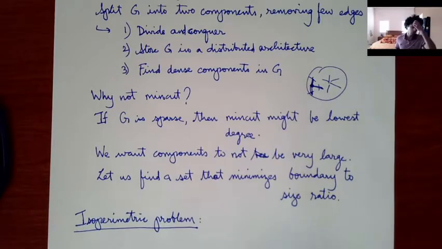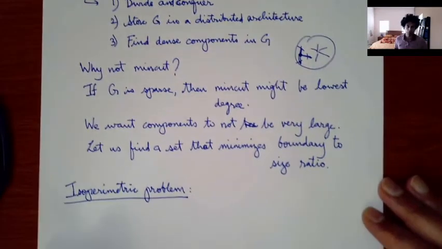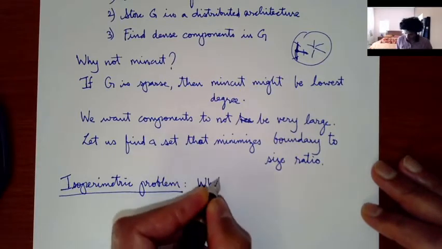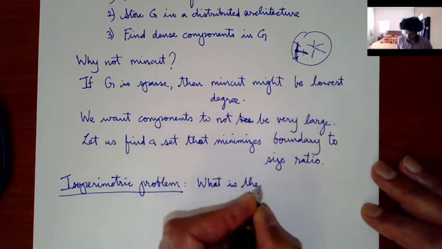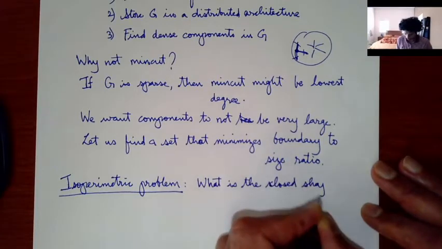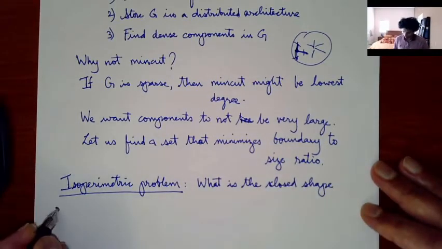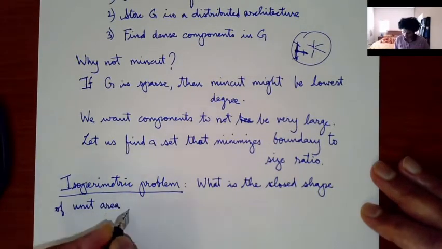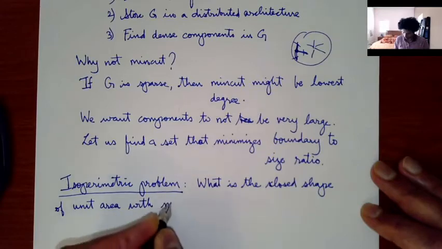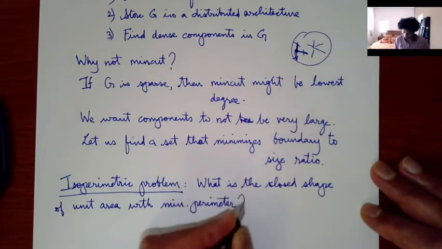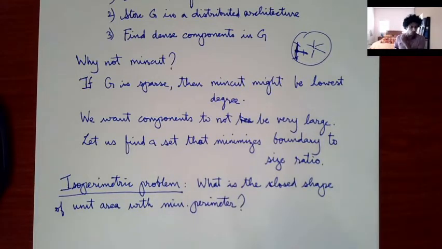The isoperimetric problem was actually formulated first in 2 dimensions, but you can ask, what is the shape, the closed shape of unit area with the minimum perimeter? So does anyone know what the answer is? What is the closed shape of unit area with the smallest perimeter?